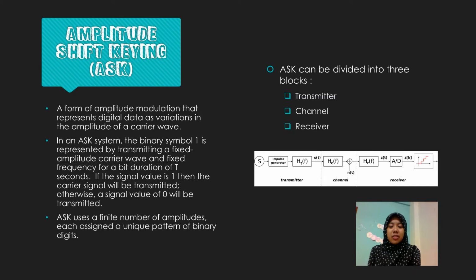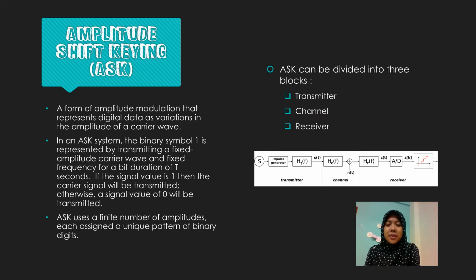If the signal value is 1, then the carrier signal will be transmitted. Otherwise, a signal value of 0 will be transmitted. So, ASK uses a finite number of amplitudes, each assigned a unique pattern of binary digits.